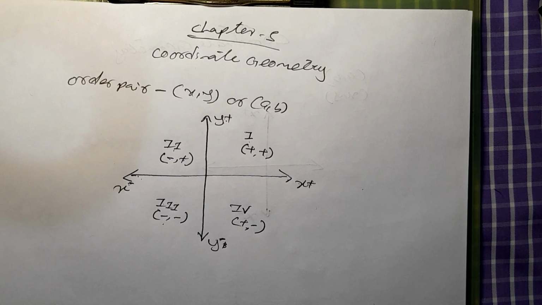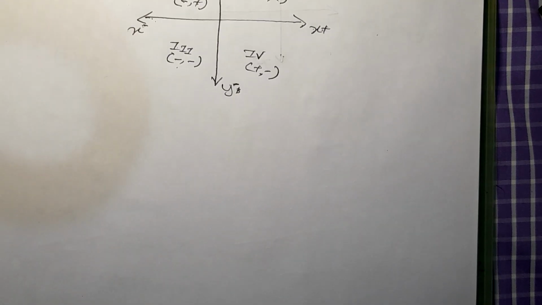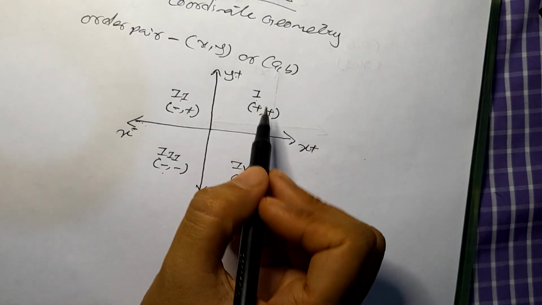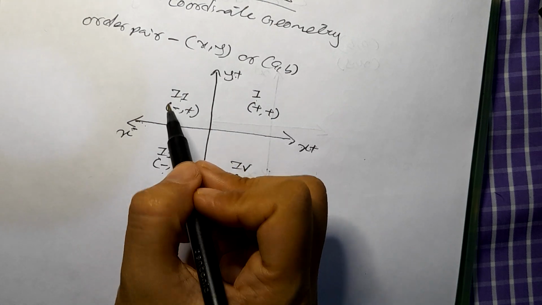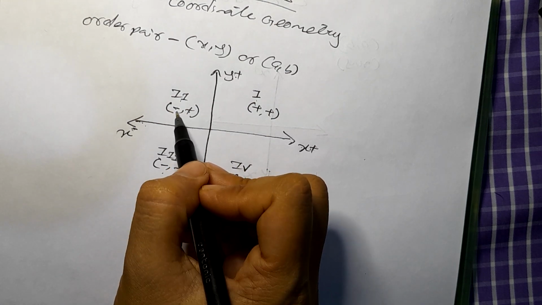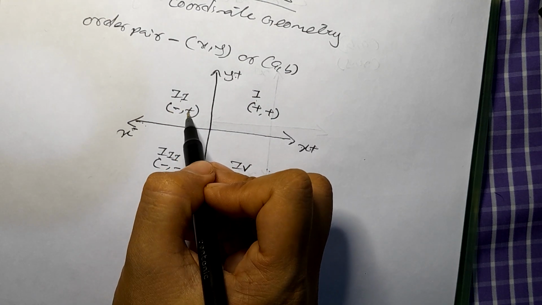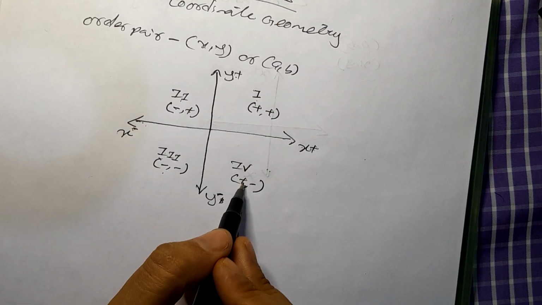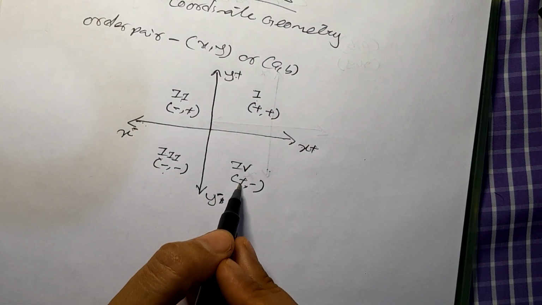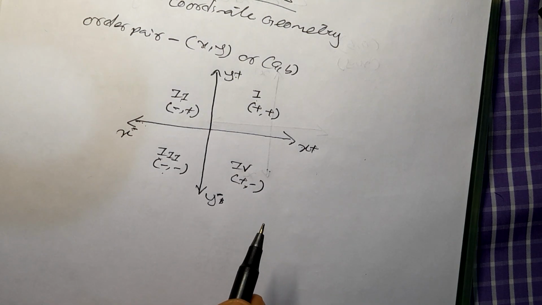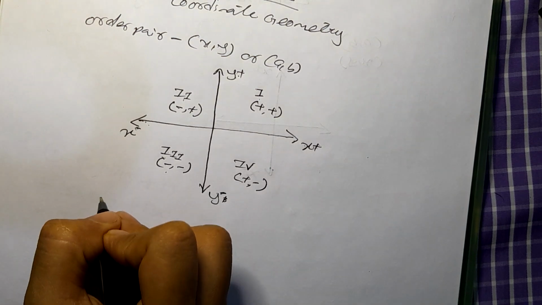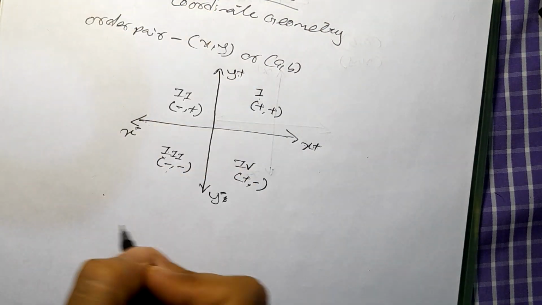So if we plot in the graph, if both numbers are positive, the point will fall in the first quadrant. If one is negative and one is positive, it will fall in the second quadrant. If both are negative, it will be in the third quadrant. If one is positive and one is negative, it will be in the fourth quadrant.